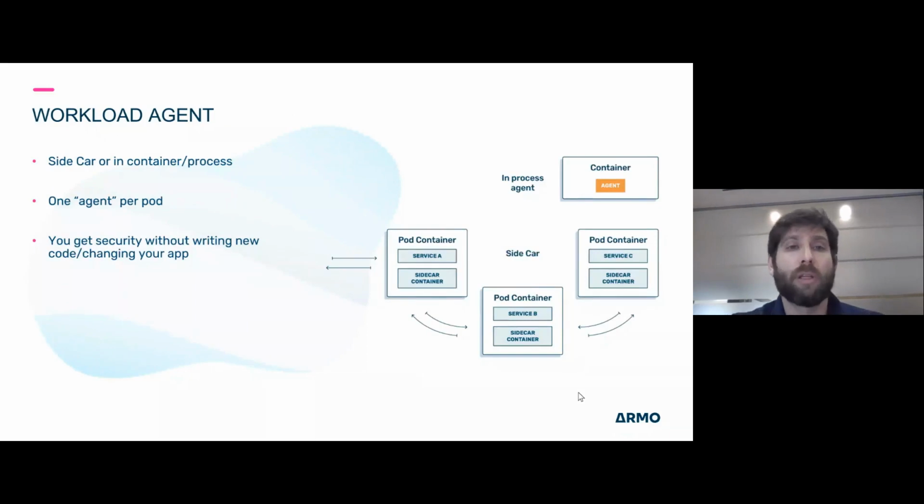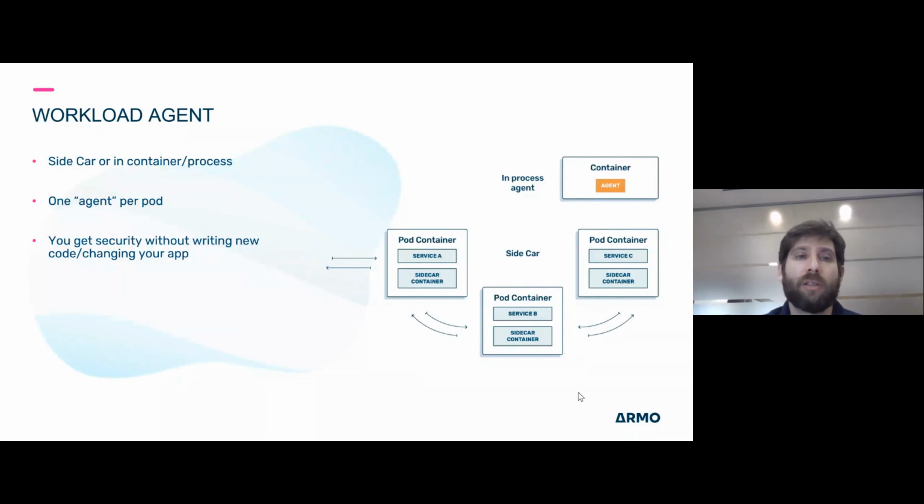The last option, actually I'm going to split it into two parts, but the last option is a workload agent. I call it workload agent because this agent is basically running at the same level as your workload.